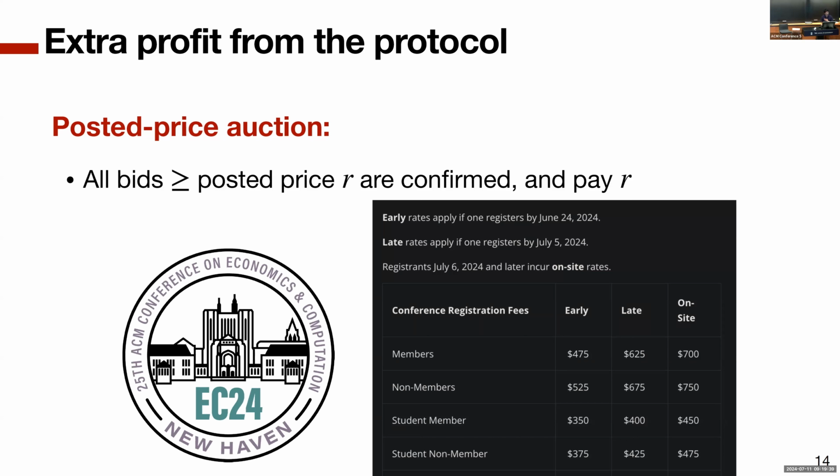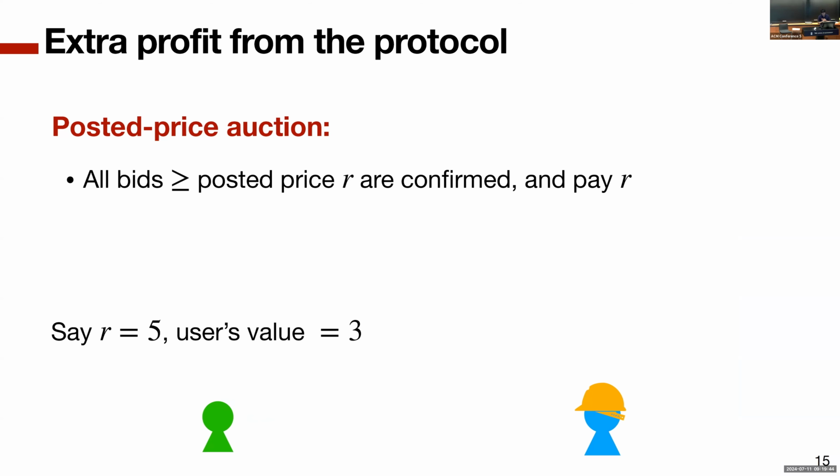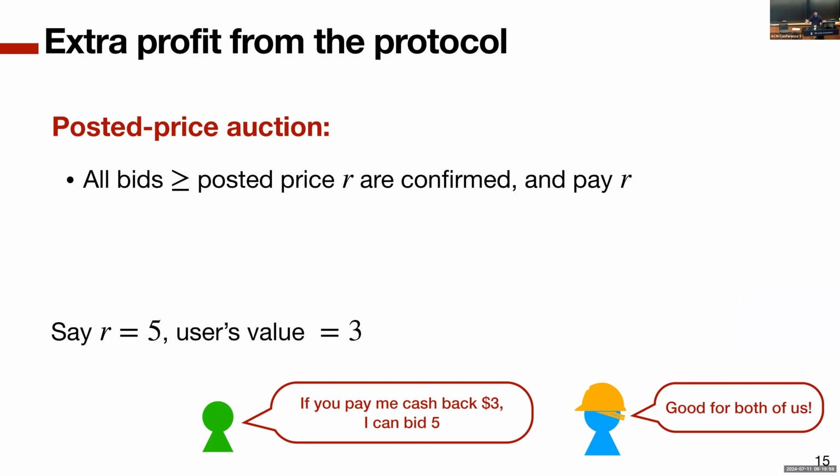And what's the problem if you run a posted price auction on a blockchain? Here is the issue. Let's say the posted price is $5 and we have a user with true value 3. What can they do? If the user bids truthfully, no one is confirmed. So the user can collude with the miner and say, if you pay me $3 cashback, I'm happy to overbid. In this case, both of them are happy, and notice that no one is harmed.